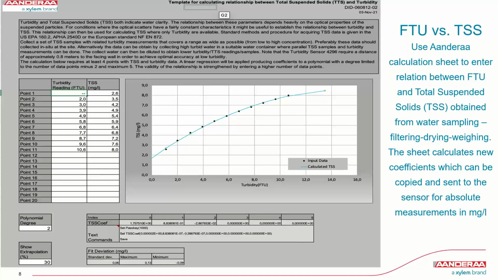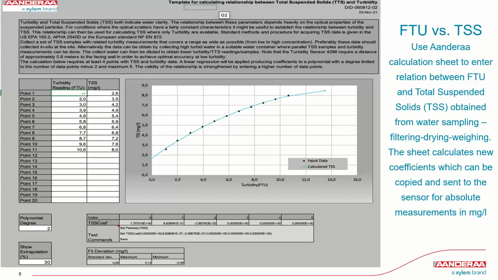Yeah, so what you really normally are looking for is how many grams or milligrams per liter of suspended solids you have in the water. That's normally what the authorities give you as a limit, and that's normally what you're interested in if you want to look at sediment resuspension and sediment transport, how much sediment is resuspended.